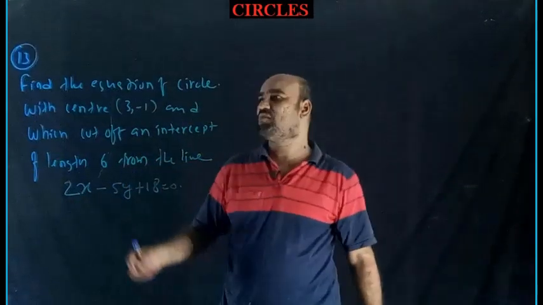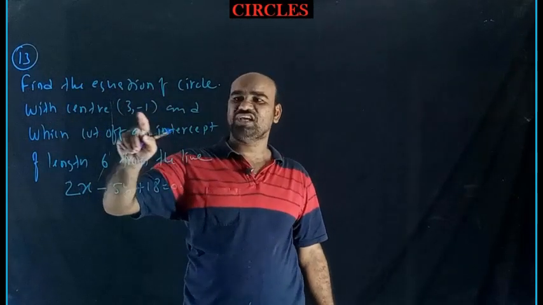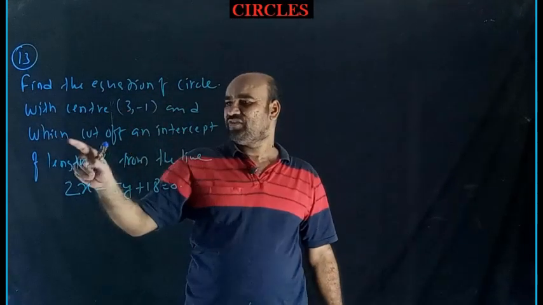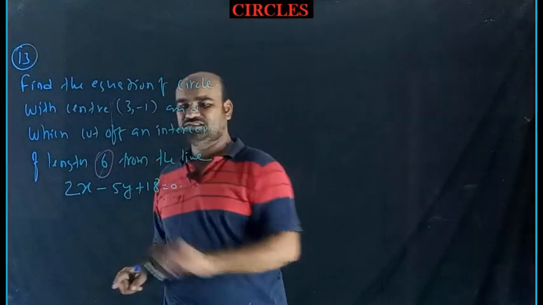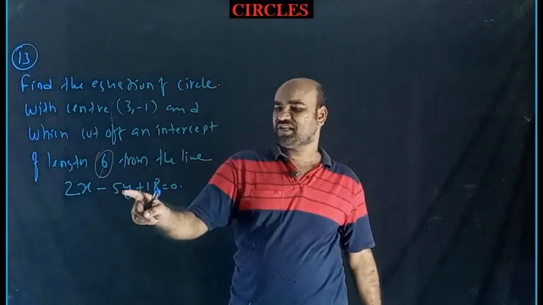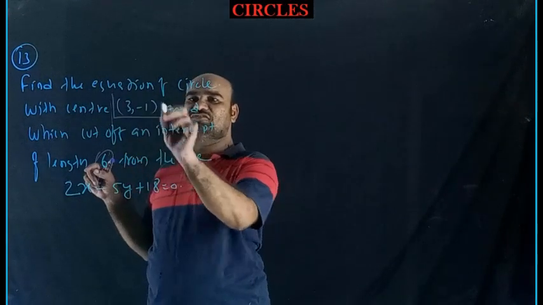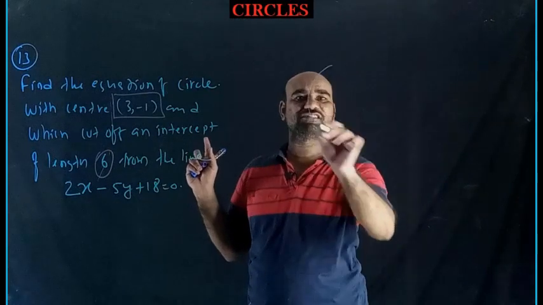Okay students, next problem. Find the equation of a circle with the center 3, minus 1, and which cuts off an intercept of length 6 from the line 2x minus 5y plus 18 equal to 0. Center is given, so we just want the radius. Generally this is the required circle.